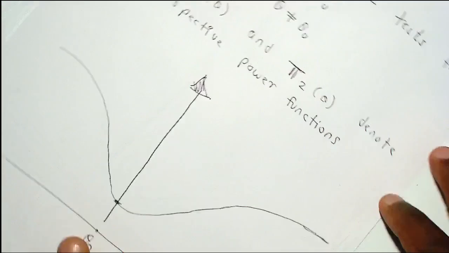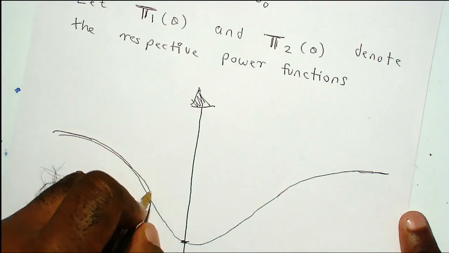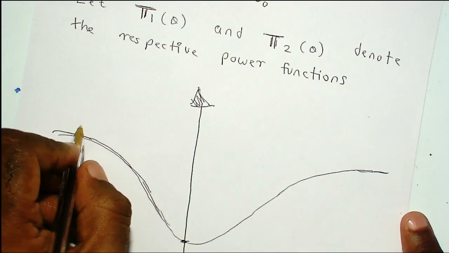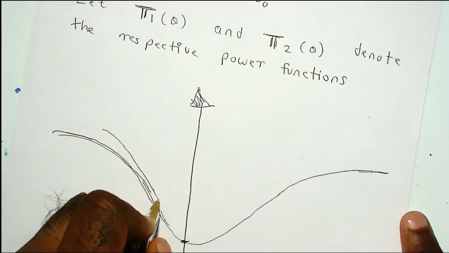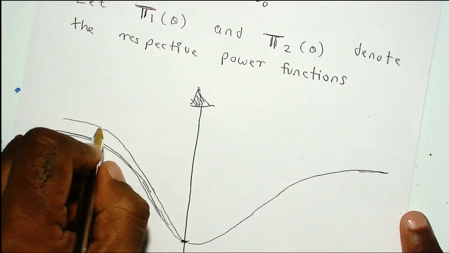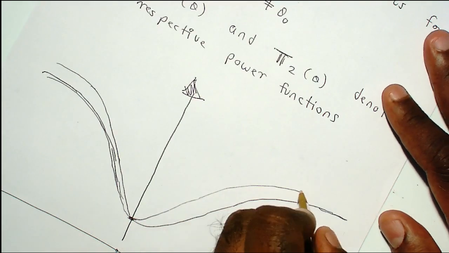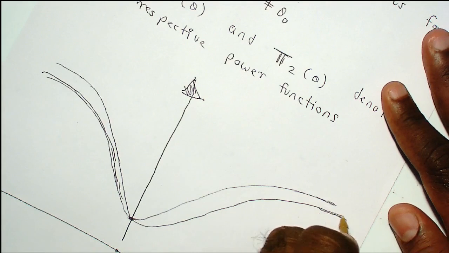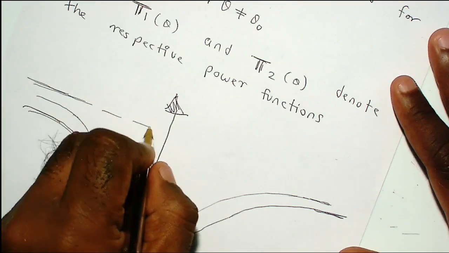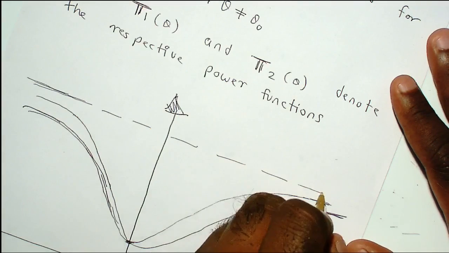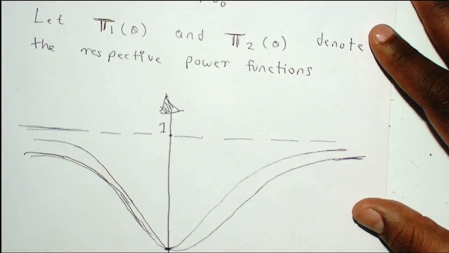Suppose one of the power functions, no, this is not a good one, but suppose it looks like this, all right? And suppose the second one looks like this, right? So this is the point 1, this is 0, this is theta.